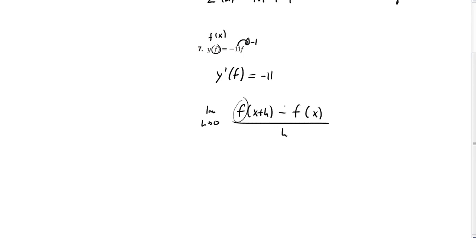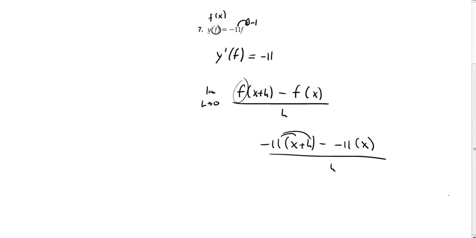So let's try it. So we have negative 11 times x plus h. We substitute x plus h in for f, minus negative 11x over h.